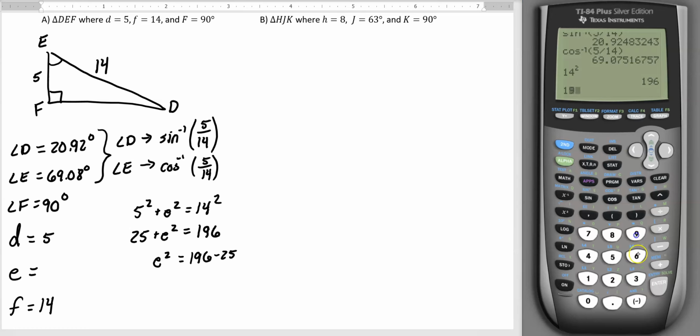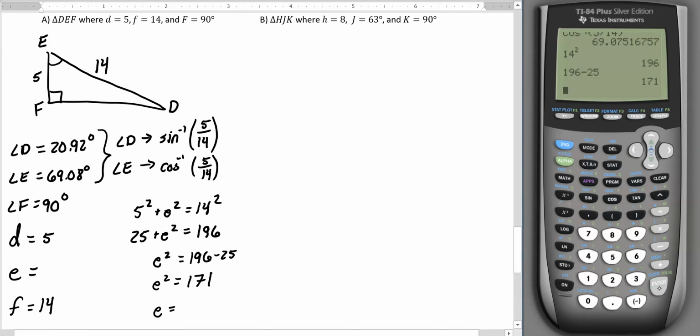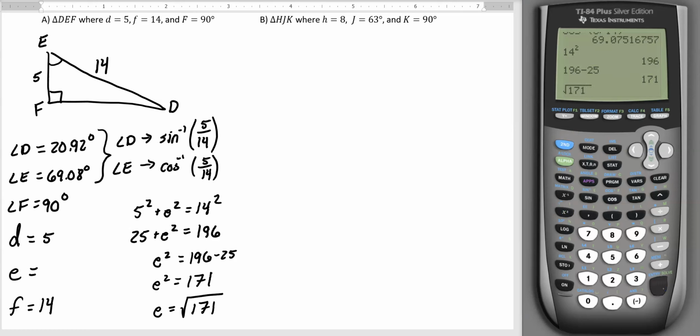What is 196 minus 25? It is 171, which means that E is the square root of 171. So in my calculator, second square root 171, it'll be just over 13, 13.08.